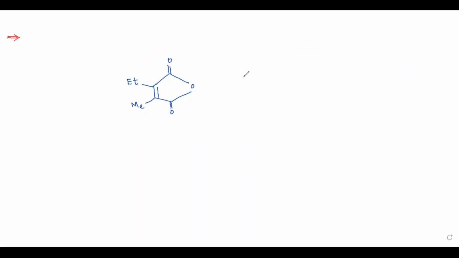Now, this is an interesting example. See, this basically refers to anhydride, or you can also call it acid anhydride. What do you mean by acid anhydride? Let me say, take acids, carboxylic acids. Let us take two such.